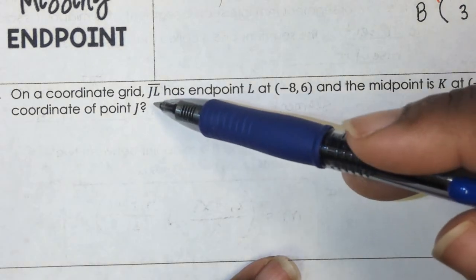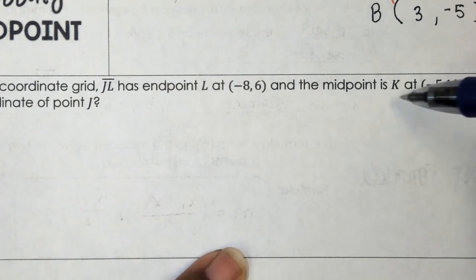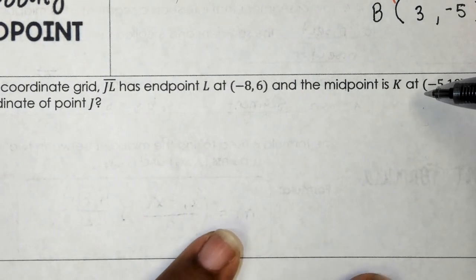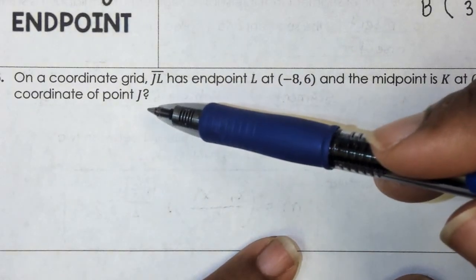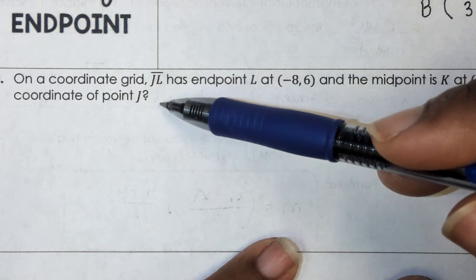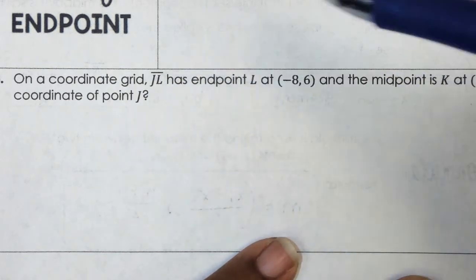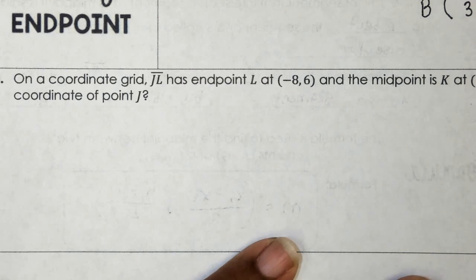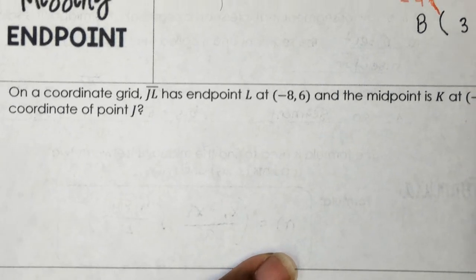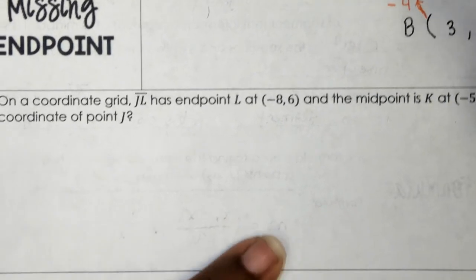The segment is JL, the midpoint on this one is K. They give you L and they give you the midpoint of K. They want to know what the Y coordinate of J is. They still want to know J basically, but when you give the answer of J, they only want to know what the Y coordinate is. So just find the whole J. Don't worry about that right now. Just find the whole J and we'll talk about what the Y coordinate is. Just do what we did up here and we'll worry about the Y coordinate at the end.